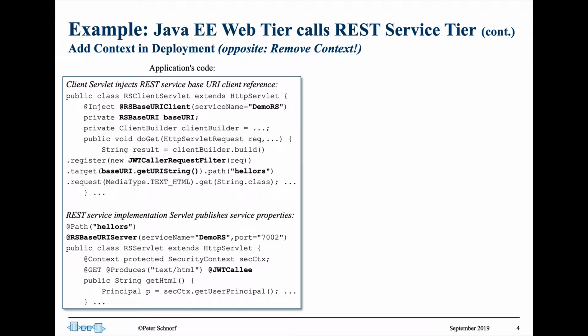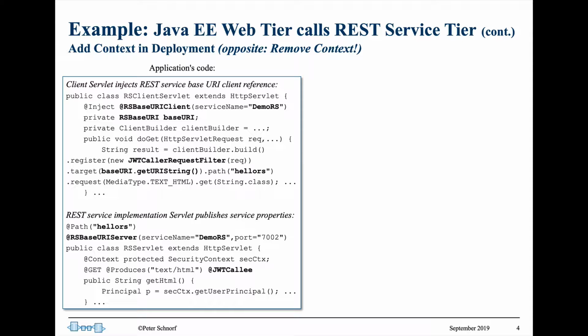And in order to do that, it has to inject the RS-based URI client, which is a TaaS addition, to get the name of the service from somewhere and create a base URI local variable that implements the RS-based URI as service API.